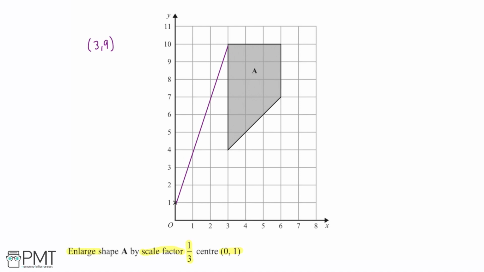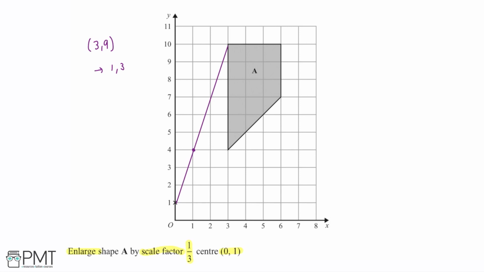So if I were to multiply that by a third, we could then move 1 across and 3 up to get to our new point here. So if I take 1 across and 3 up, we're going to get to the point (1, 4), which I can mark on the axes here.